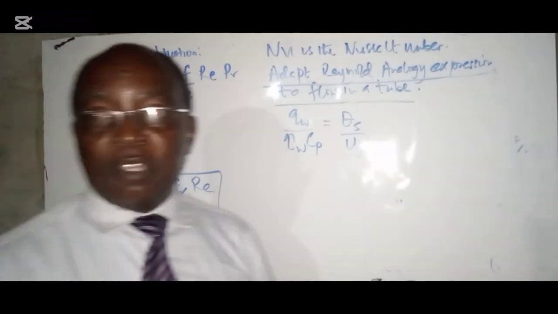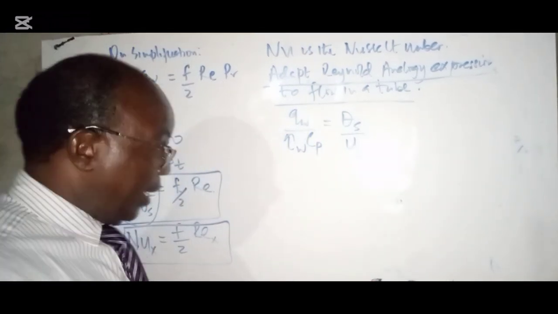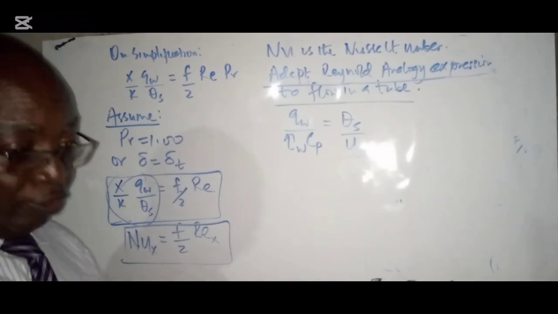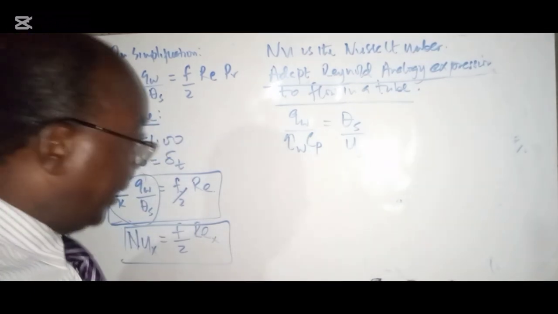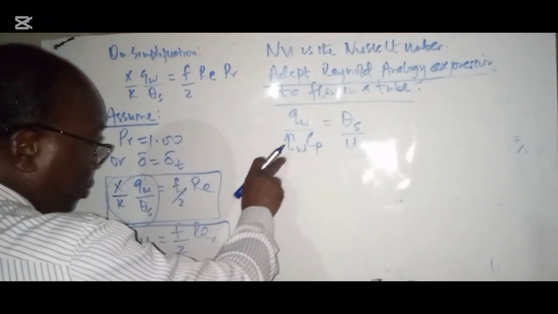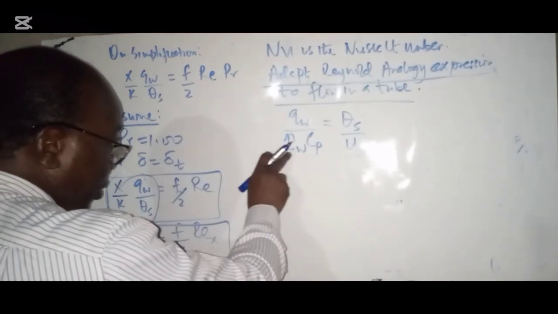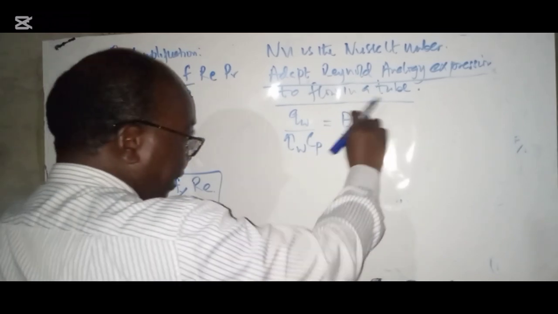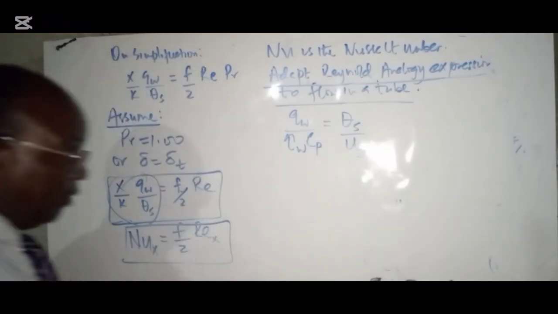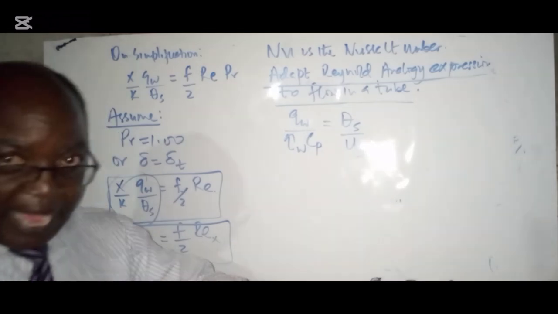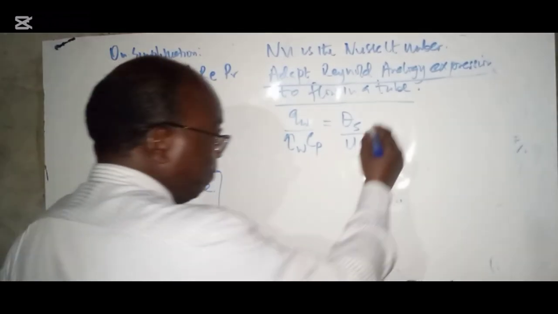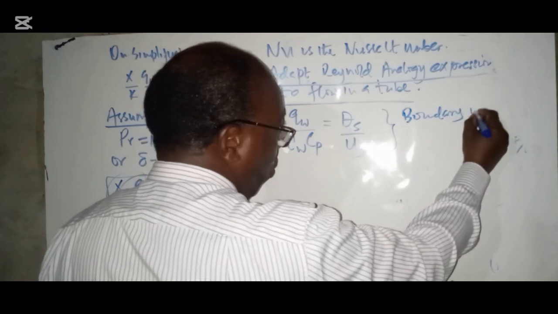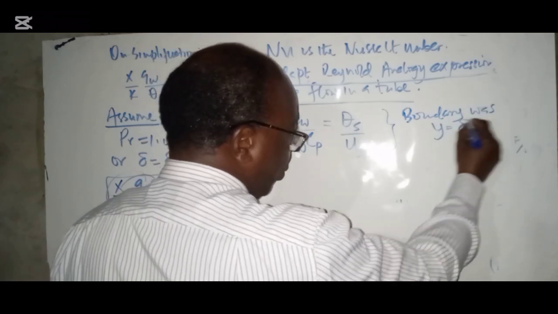They will be awfully long, and that will not be nice in terms of keeping the concentration of people intact. So we have Q W, tau W, where W is the wall, Cp equals theta for temperature, and for the velocity. In this derivation, the boundary was y equals sigma.